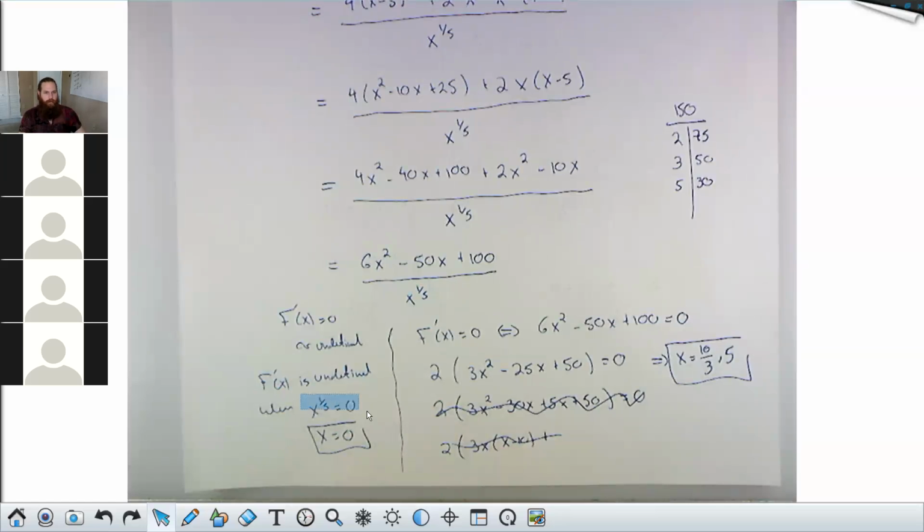Its denominator is x to the 1/5, and I solve this equation just by raising both sides to the 5th power. 0 to the 5th is 0, and x to the 1/5 to the 5th is x. So this denominator will be 0 when x is 0. Thank you. Of course.